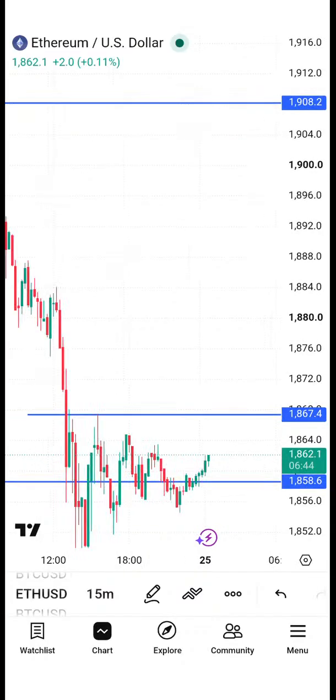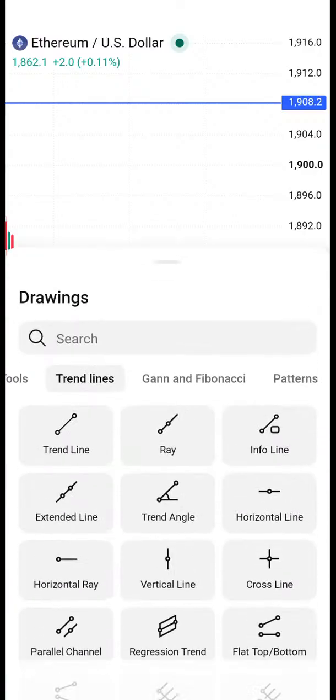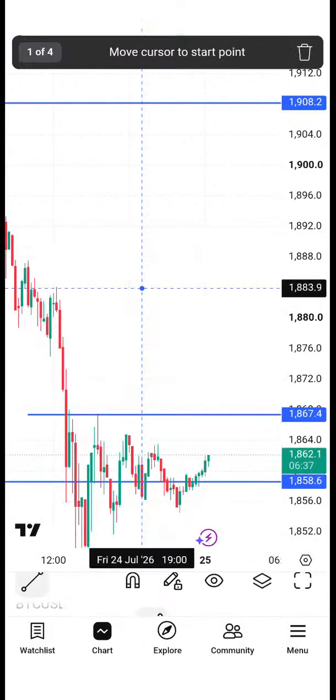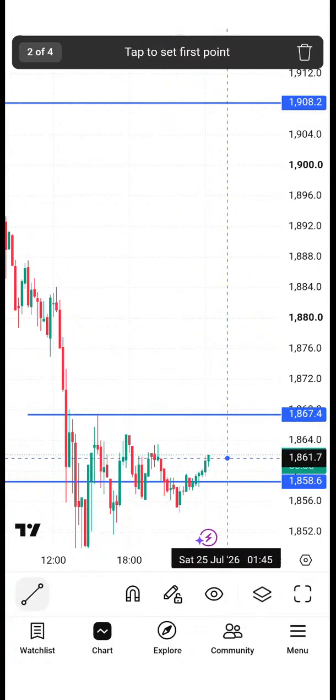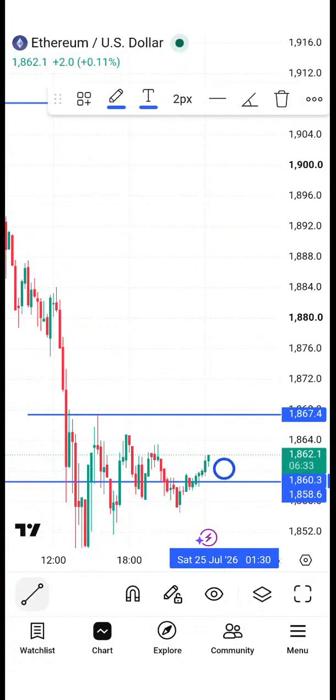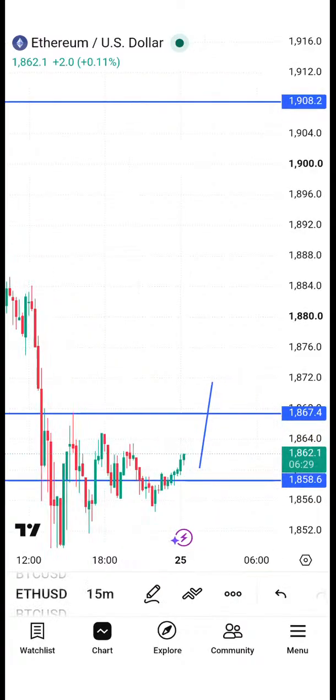Same applies, man. Same applies to each ETH. Waiting for a breakout.